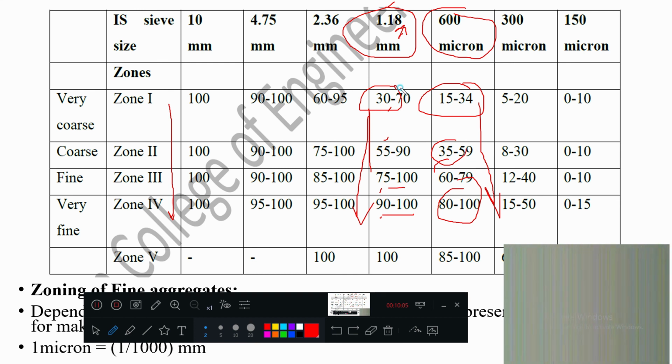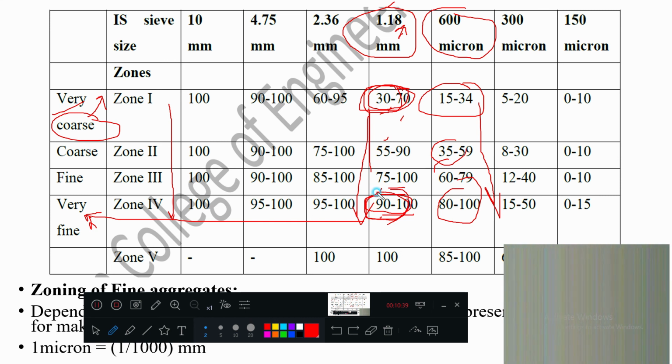What does that mean? A lower percentage of finer material means coarse sand. A higher percentage of finer material means fine sand. Simple, no? Less fine material, the name given is coarse.